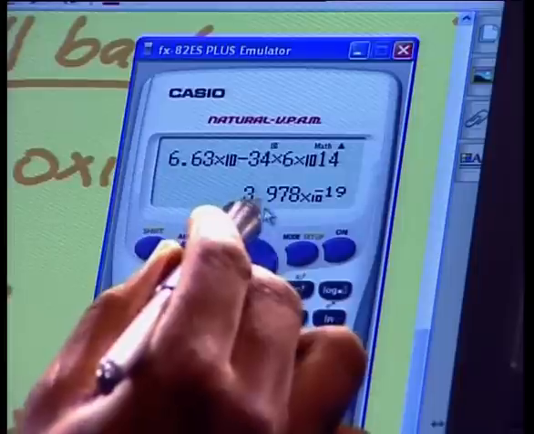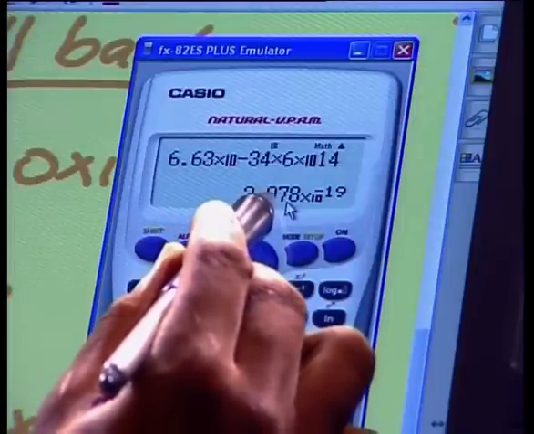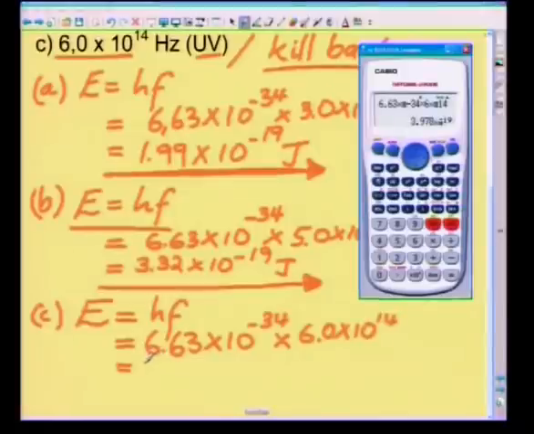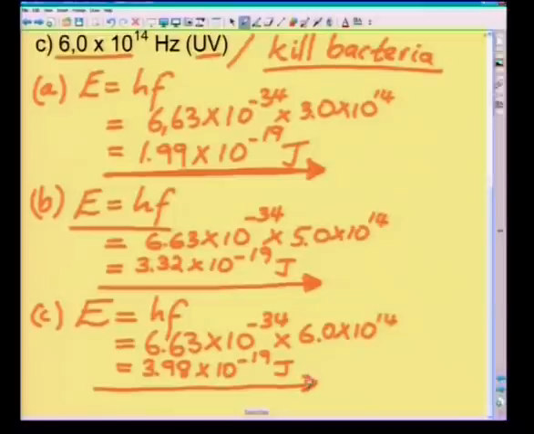Writing this to two decimal places, it's going to be 3.98 by 10 to the power minus 19 joules. That's the unit for energy. So I'm calculating for energy. E is measured in joules.